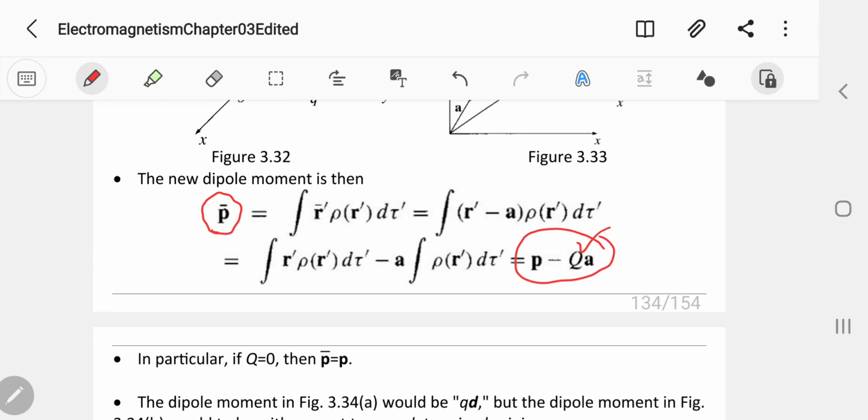But if the total charge is negative Q, then... if the total charge is equal to 0, then P bar will just be equal to P.